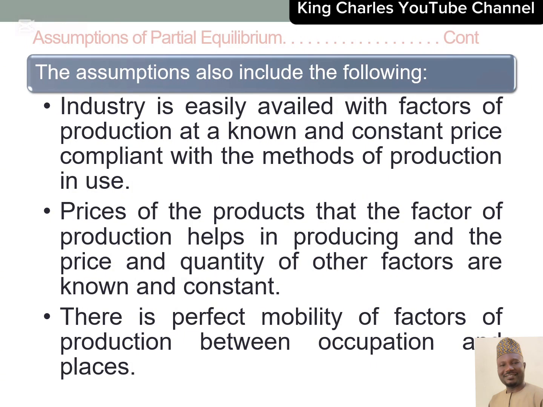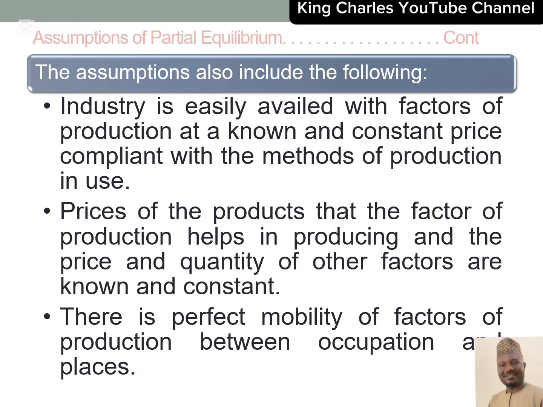Another assumption is that the factors of production which the industry needs are known and constant. In other words, the industry is easily availed with factors of production at a known and constant price, which is in line with the method of production.